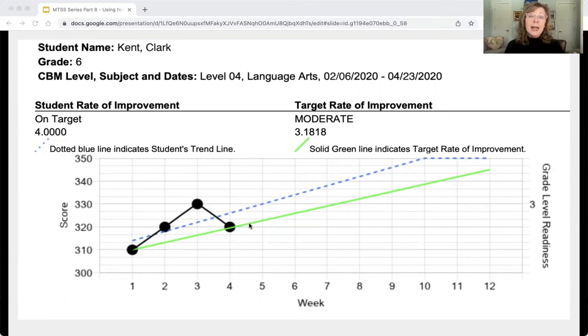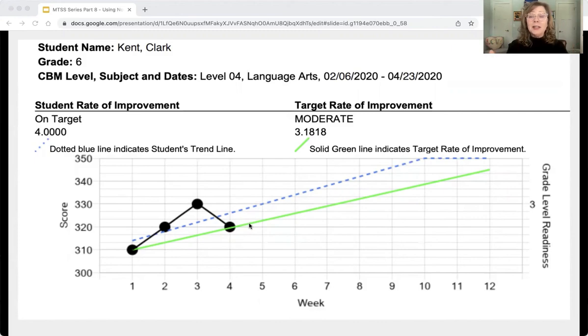While at 380, he is still in the 10th percentile for his grade level, his performance is showing that he is responding to the intervention and is ready to increase the level of his progress monitoring and, of course, in turn, of the intervention within a very short period of time. As this score moves up, Clark's individualized assignment is adjusted to reflect the new skills he is ready to learn.